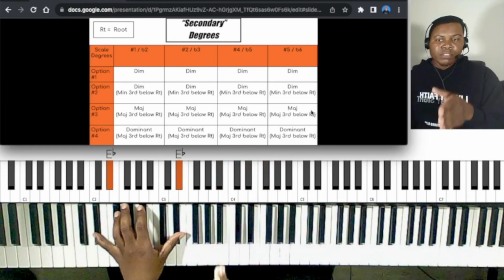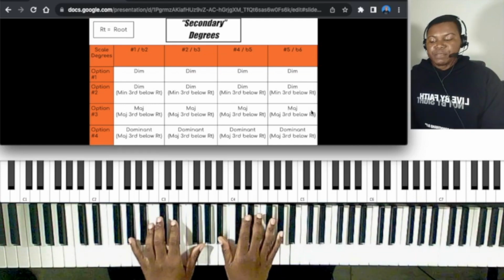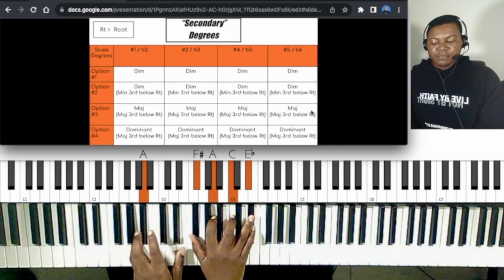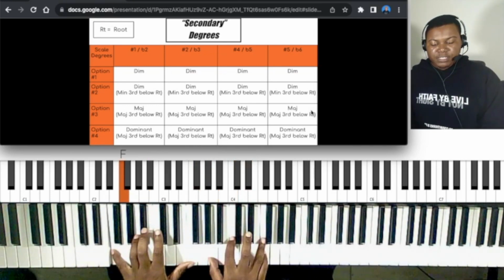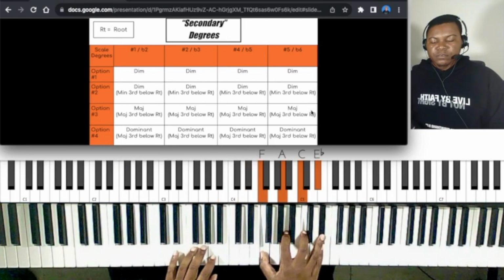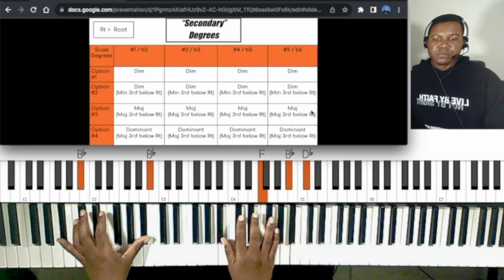And then I'll run through all of them like I did before. Then our flat six, something that's a major third from our target is F. Do an F dominant over the A. Okay, listen.